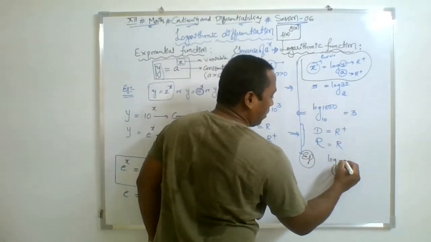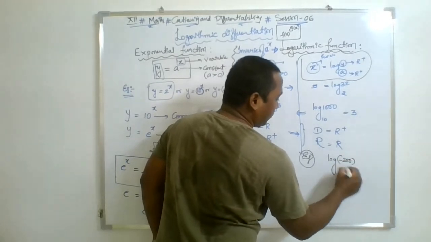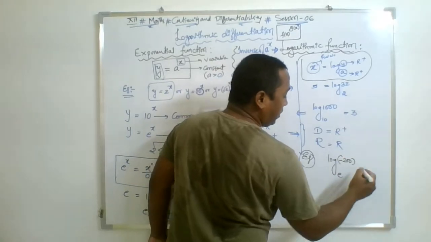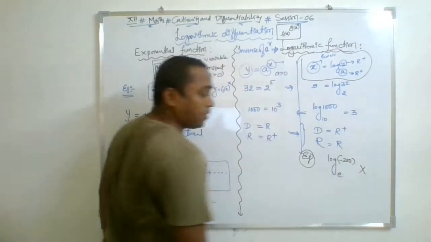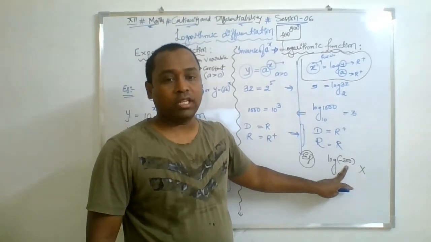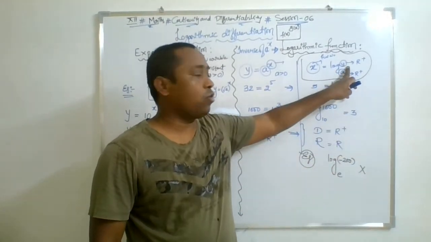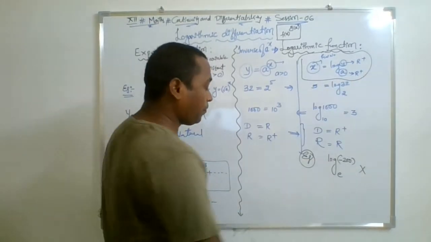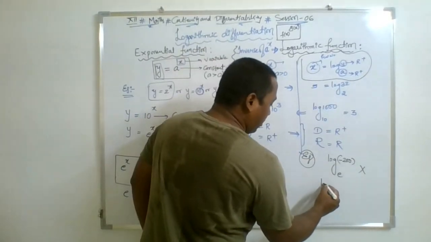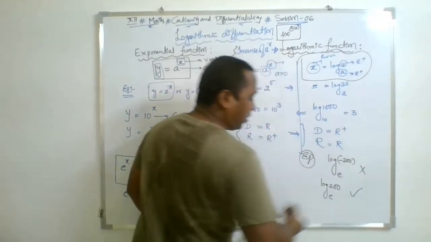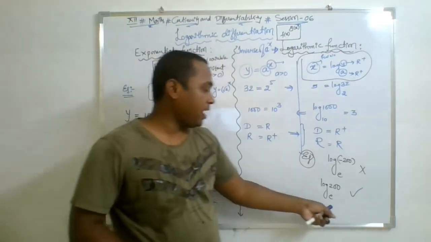Log of minus 200 with any base e is not defined, because log of a negative value is not defined, because we know that the domain of this function is positive real numbers. Now if I take log of 200, base e will work. You may find this value.